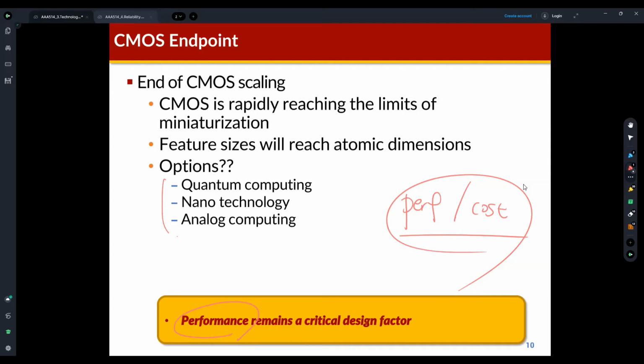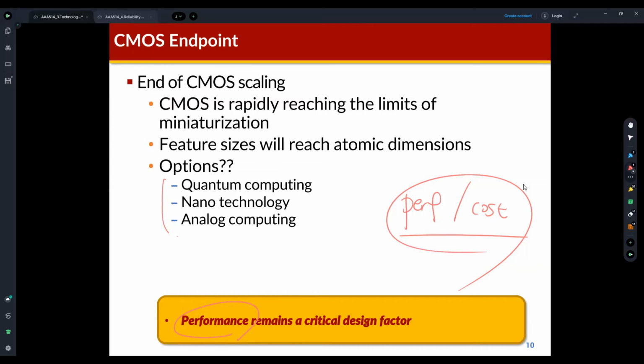Moore's law means that as time goes by, we can use more transistors. That is the definition of Moore's law, but Moore's law is ending, which means we cannot use more transistors, but we need higher performance. So we need more powerful processors.